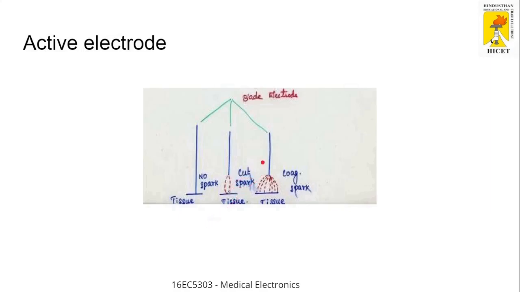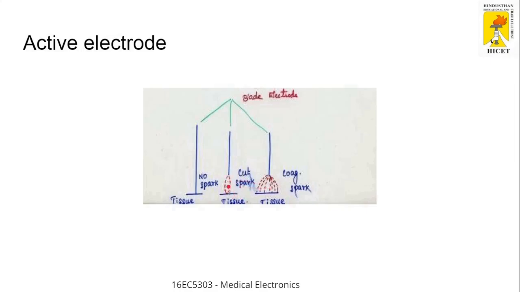In the same way, using the same heat treatment method, you can join the tissues, seal the tissues, and combine them without stitches, making it like normal skin. That is called coagulation. In coagulation the heat can be used, and in diathermy also the heat can be used. In both ways the heat will be used.